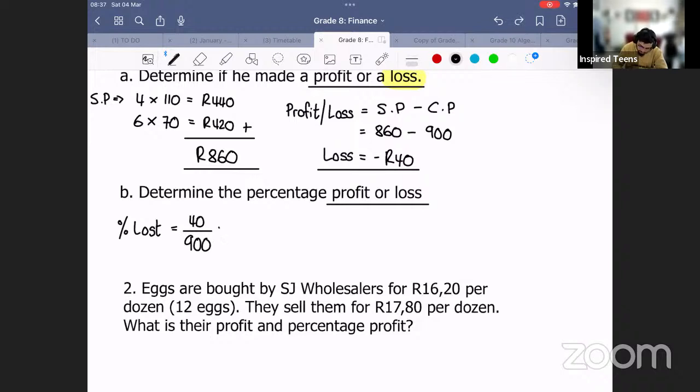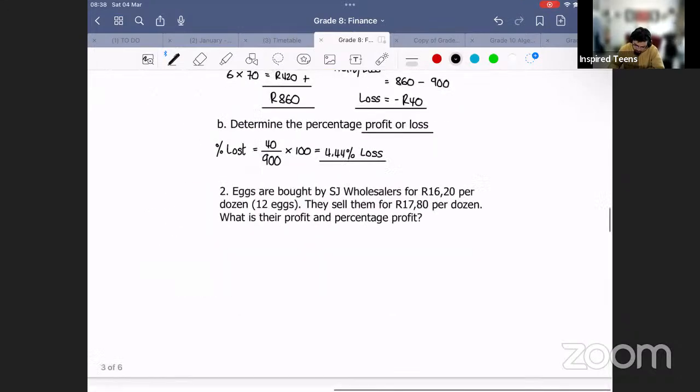And then multiply by 100 to give it to you in percentages. So 40 divided by 900 times 100, and this is 4.44% when you round it to 2 decimals. Say 4.44% loss. Okay, so just utilizing our formulas.